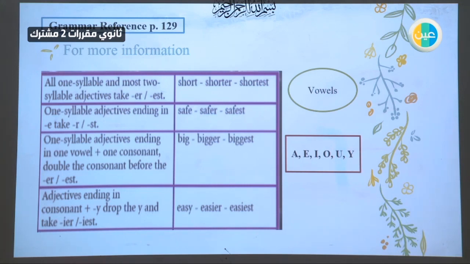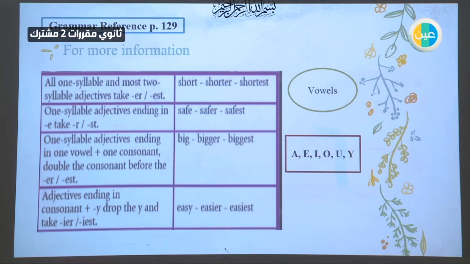Now, if you have a word that ends in one vowel, one consonant. One vowel means one of these letters that you see, A, E, I, O, U, and the rest of the letters are consonants. If you have that one vowel, one consonant, you double the last consonant and then you add the ER or EST. Now, a very important rule also, if it ends in Y, do you see the last one, easy?